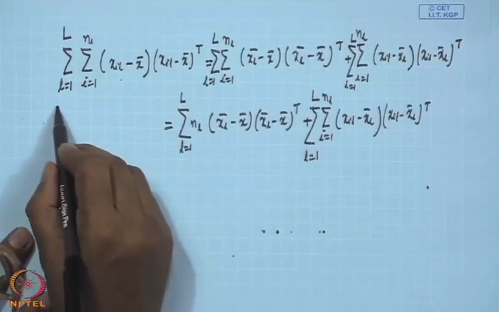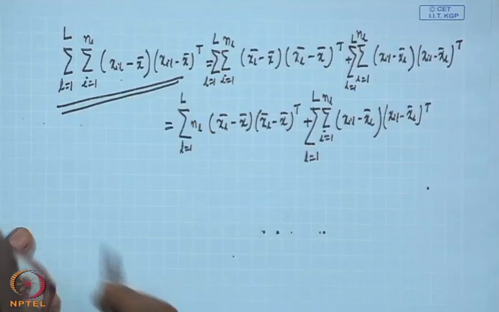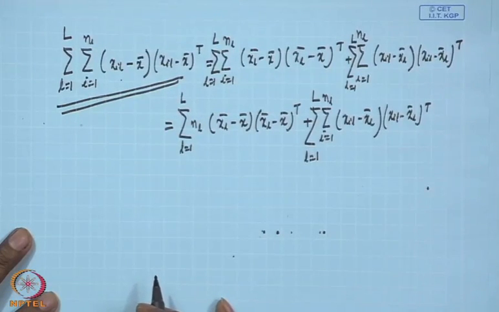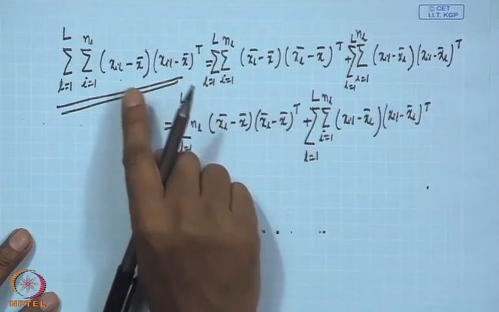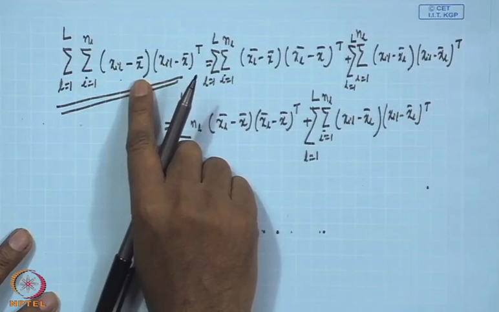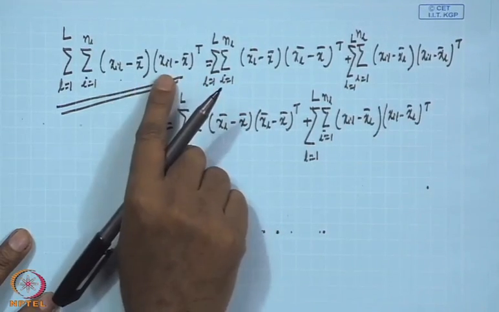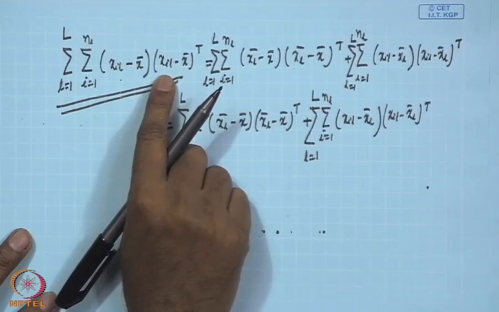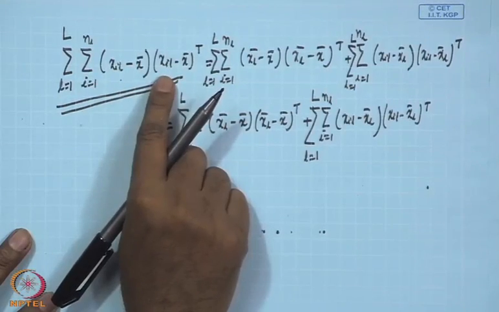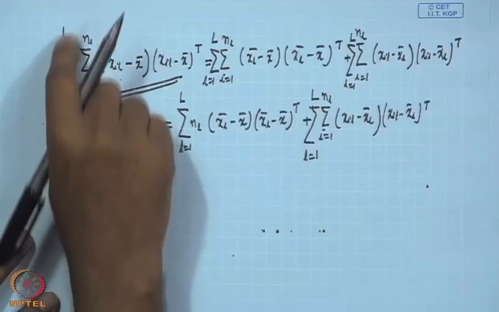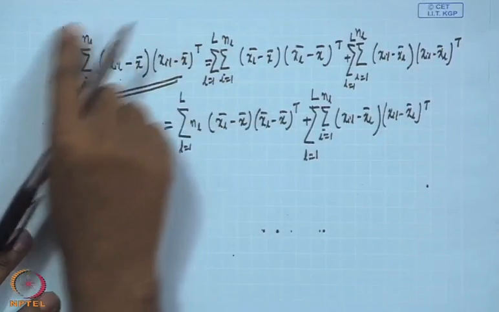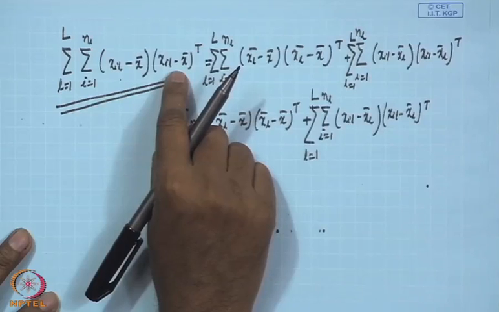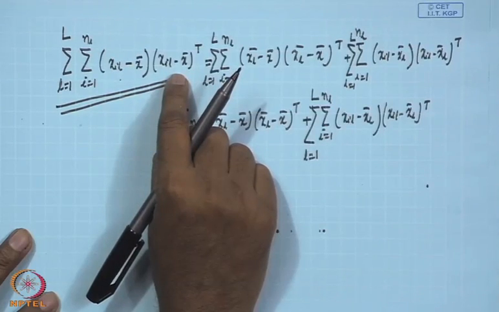So, what is this quantity now? The left hand side quantity. If you consider x I L and x bar as a scalar quantity, then this one is a square quantity, and this square quantity from all the observations point of view, what you have seen in ANOVA is SST, sum square total.